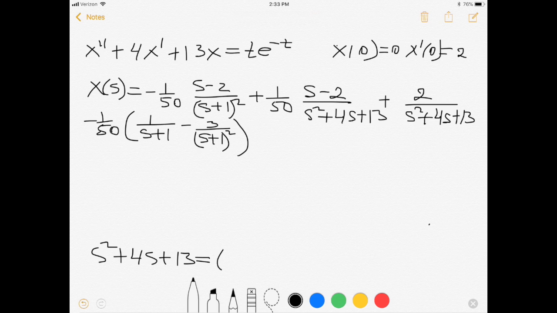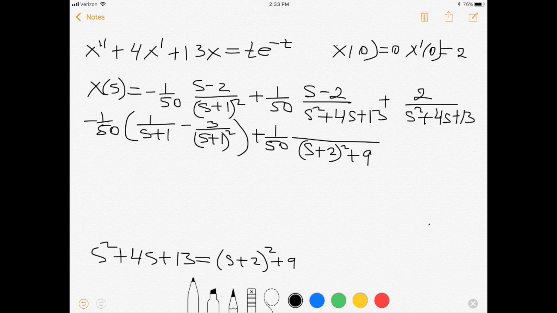What will this be? s squared plus 4s shows us it will be (s plus 2) squared. But if we distribute this, it gives me s squared, plus 4s, and plus 4. But I have plus 13, so this means it will be plus 9. Okay? And this means we have 1 over 50 times (s plus 2) squared plus 9.